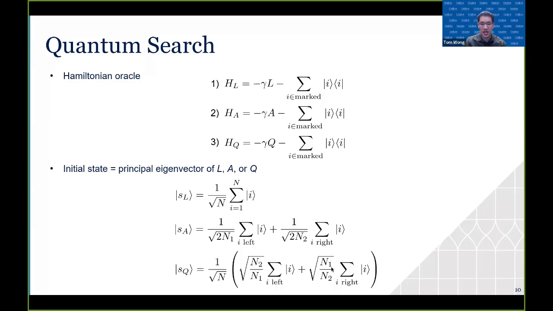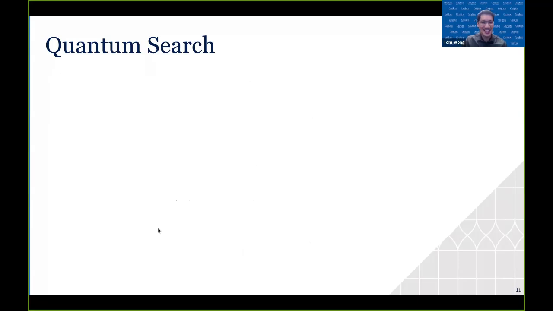You just swap n1 and n2. In our paper, Molly and I talk about what happens if you start in this uniform state for all 3 quantum walks, and basically your success probability won't reach 1 for the adjacency quantum walk or for the signless Laplacian quantum walk. But I'm not going to really talk about that today. Although if you want to ask about it, you can.